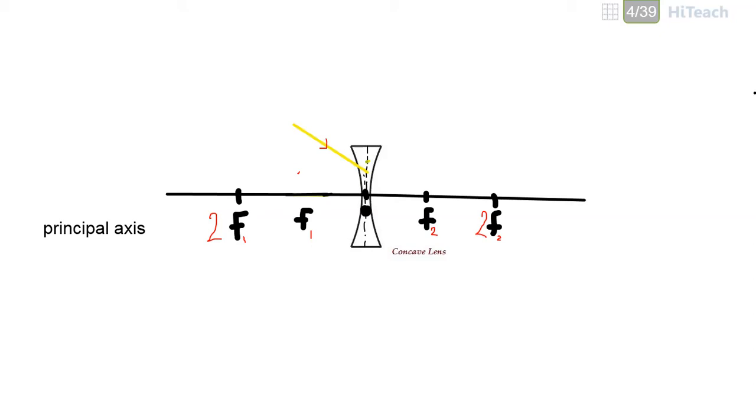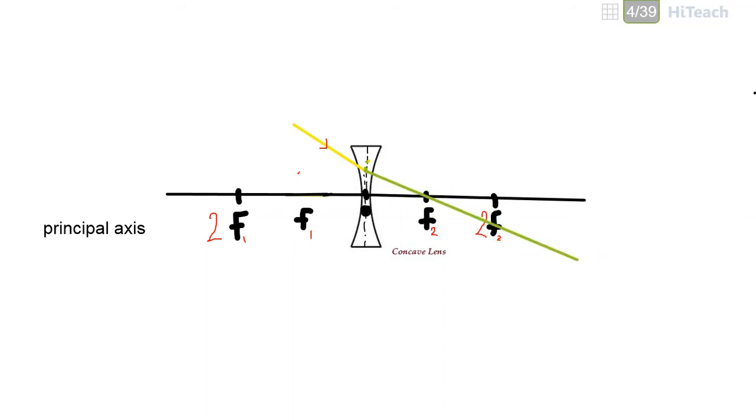I'll take the extension of it. Like it appears, like it passes through the other side focal point. Look at it. I'll use different colors here. I'm sorry, I have to put it from the same point. Use the ruler to do it. Look at it.